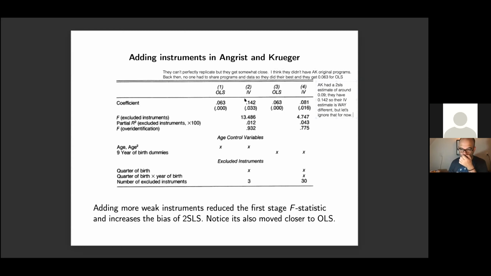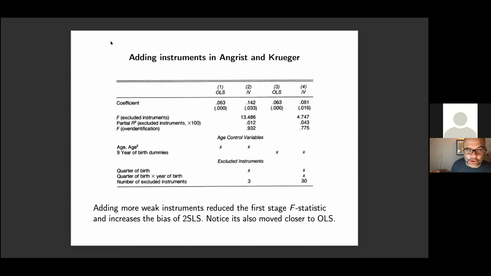What we're going to do is put this in, and this is the quarter of birth instrument. It's very, very strong. In a minute, they're also going to put in a random variable to show the same thing. But when they put in more weak instruments, they got in 30.